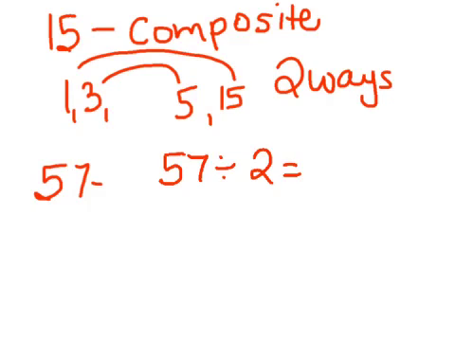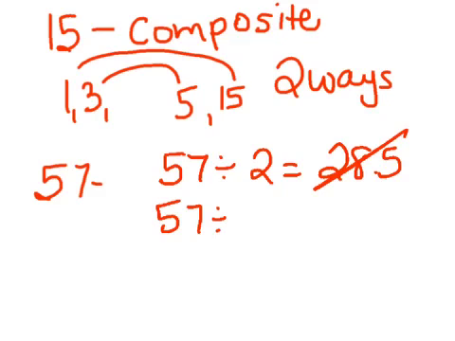Well, that doesn't work, because 2 will not divide evenly into an odd number, so it's 28.5. Doesn't work. 57 then divided by 3. It's always good to try 2, 3, 5, those kinds of numbers. And 57 divided by 3 does equal evenly. It's actually 19. So that makes this also a composite number.